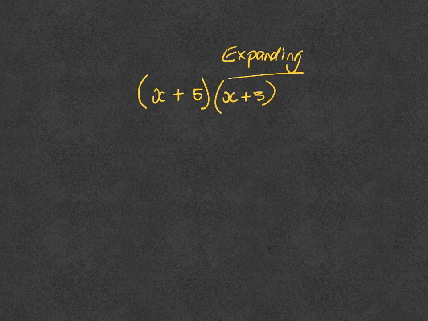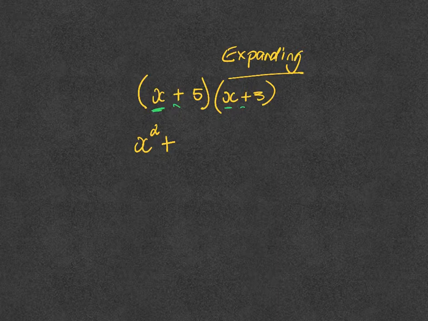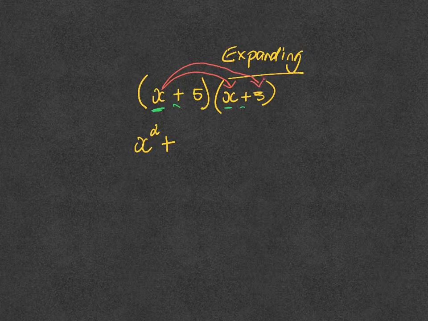So in this case, we're looking at this x and this x. Now we know it's x times x. Another way to say x times x is x to the power of 2, so x squared. Okay, because we have plus here and here, we're going to plus it. Now we're going to go x times 3.